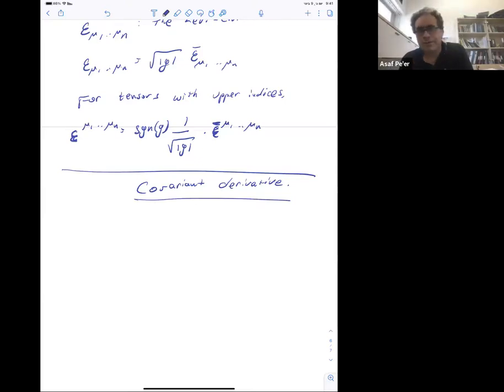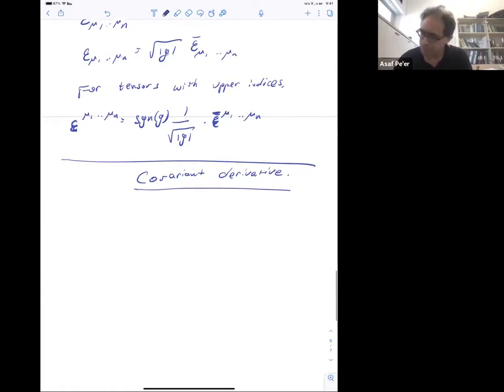Now, unfortunately, which is really unfortunate, the partial derivative of a tensor is not another tensor. This is quite bad because that means that we cannot simply use tensorial equations which contain partial derivatives as such in any arbitrary curved space-time.